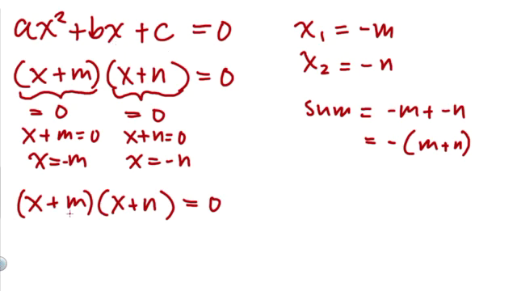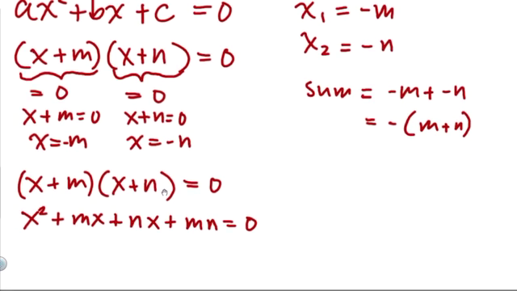So let's apply the FOIL method. Here we have x times x is x squared, plus x times m is mx, plus n times x is nx, plus m times n, equal to 0.